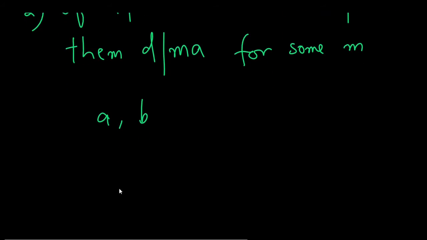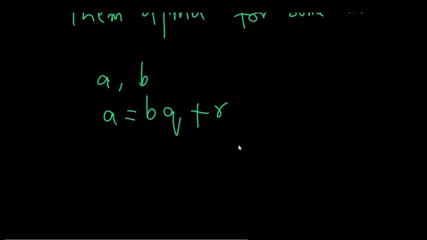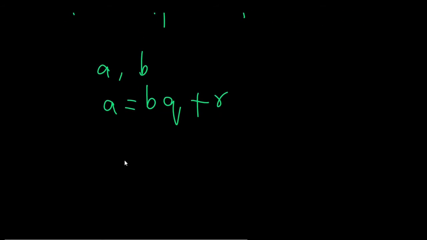Then there exist q and r uniquely, satisfying this relation a is equal to bq plus r. So we can write it as a minus bq is equal to r.